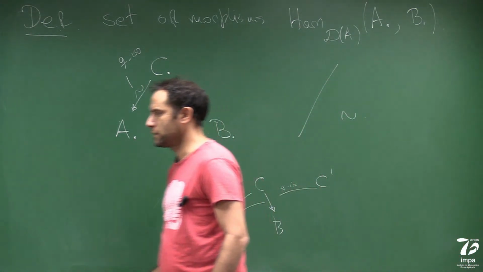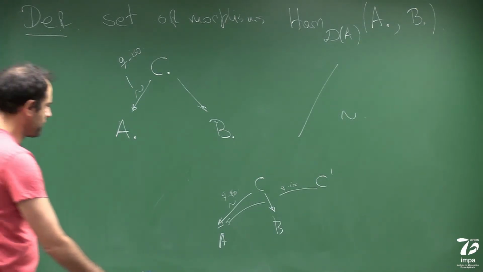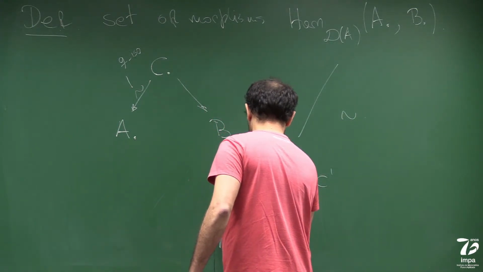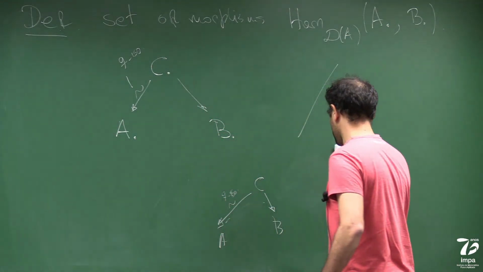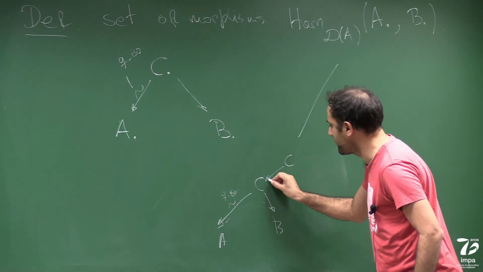But actually, no. Let's do this the other way around. So let's suppose that you have another guy, which is quasi-isomorphic to this C.